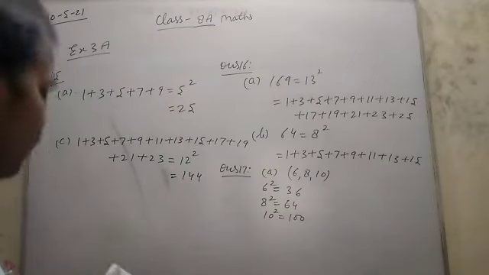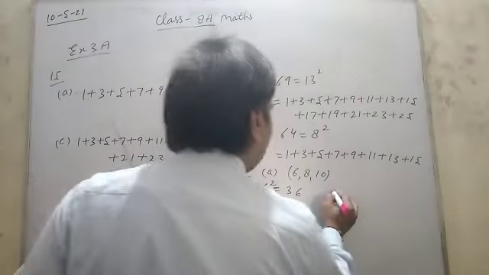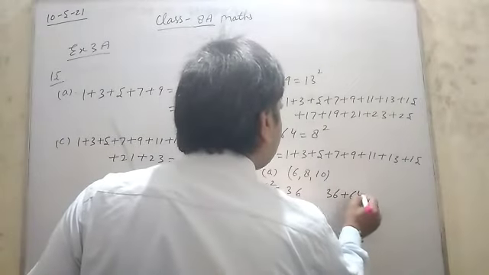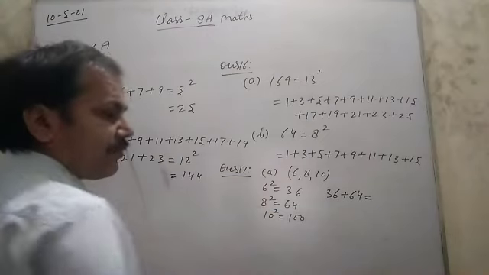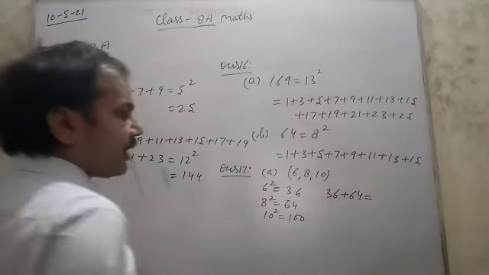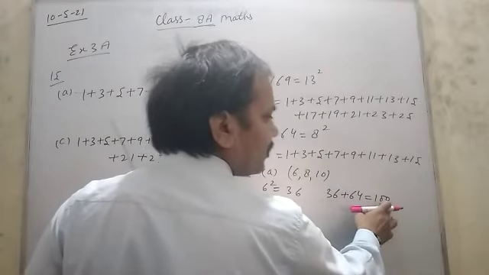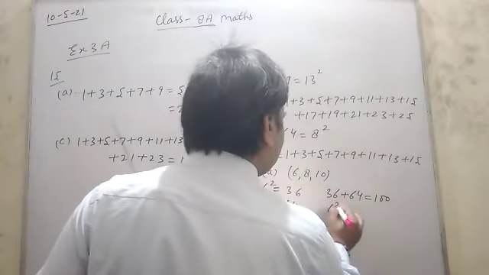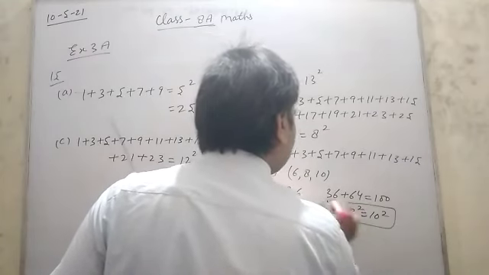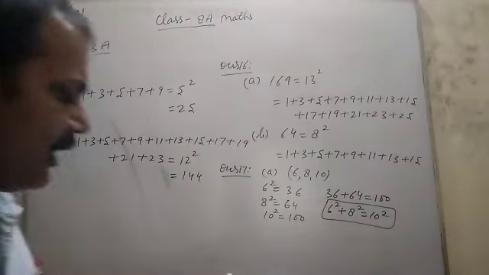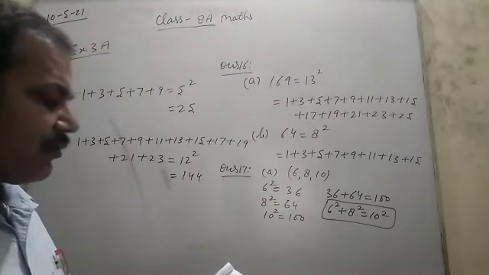According to the Pythagorean triplet, the sum of squares of the first 2 numbers, 36 plus 64, should be equal to the square of the third number, 100. And 36 plus 64 is equal to 100. 6 square plus 8 square is equal to 10 square. Means these three numbers 6, 8, 10 are a Pythagorean triplet.